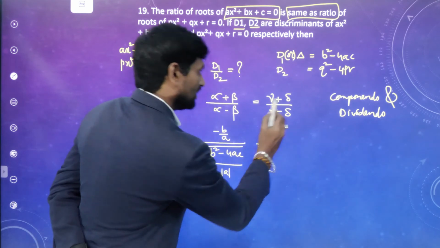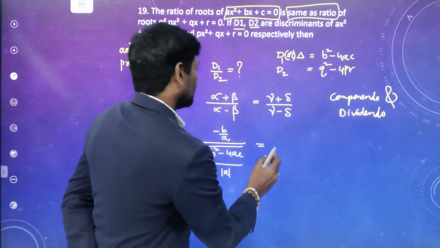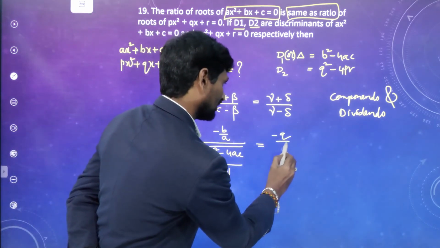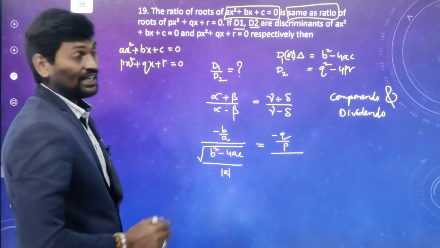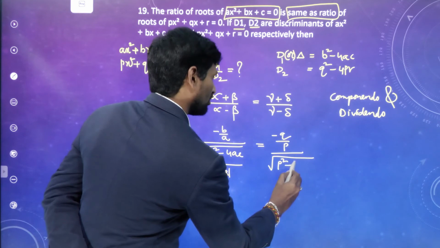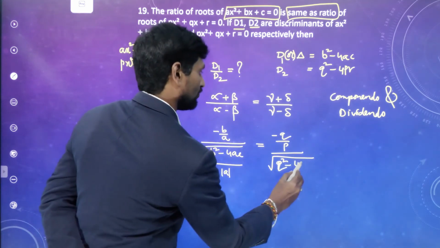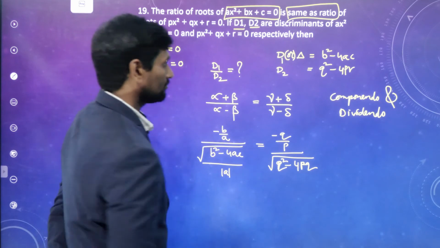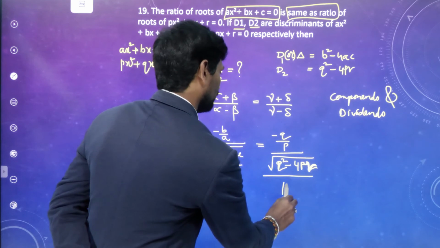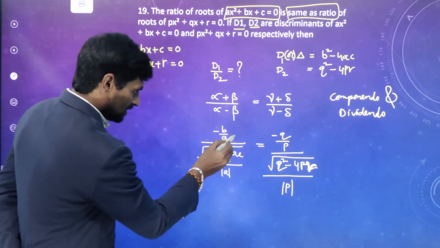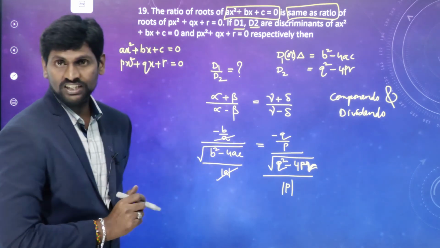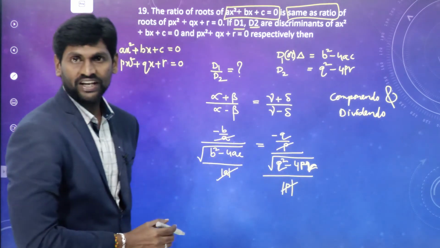That equals, for gamma plus delta, the sum of roots here is minus q by p. The difference of roots, same way, root over q square minus 4pr by modulus of p. The numerators are two different fractions, and the denominators are the same, so they cancel.